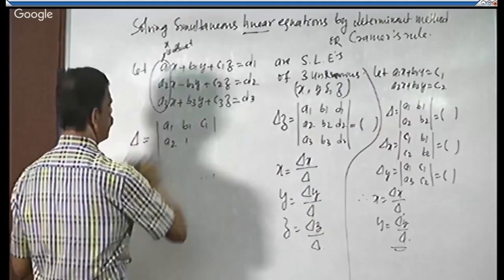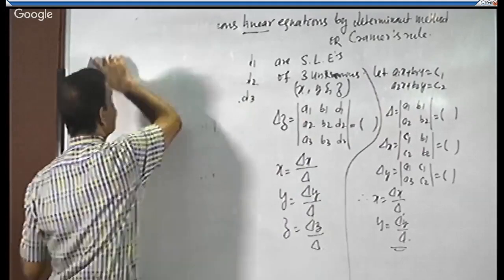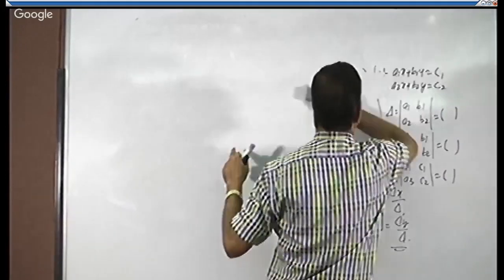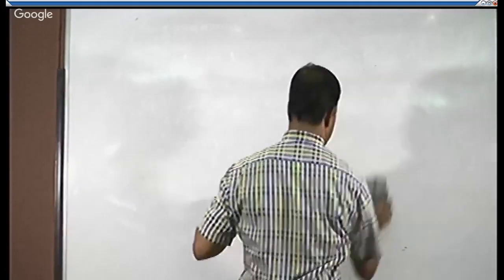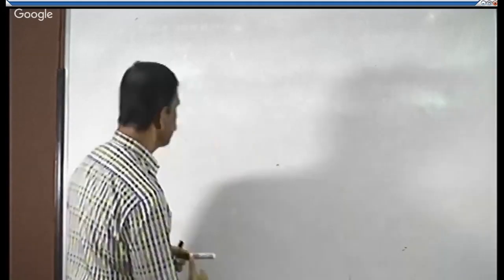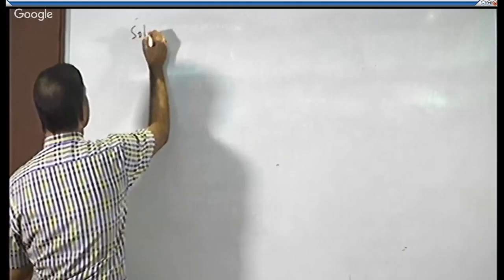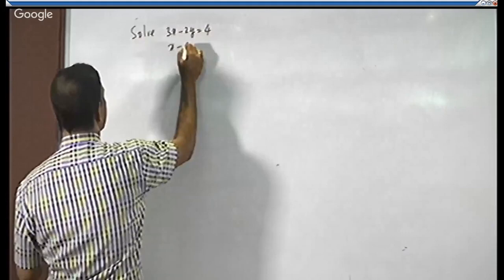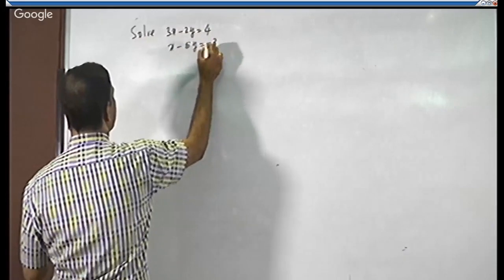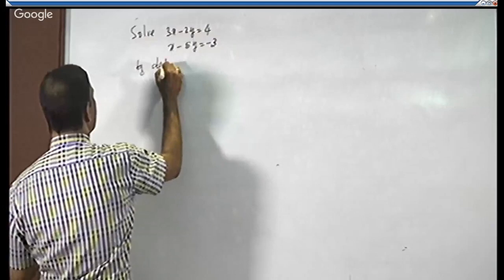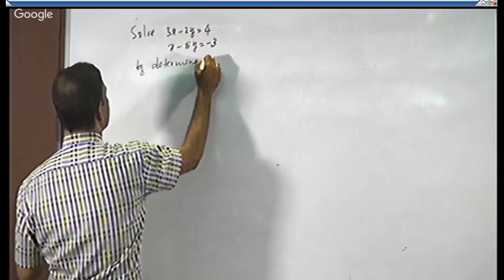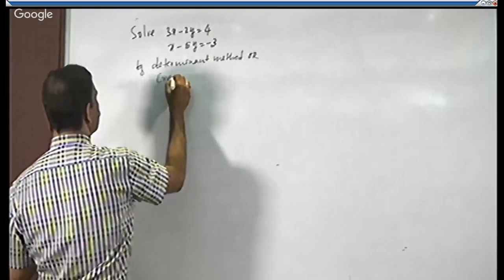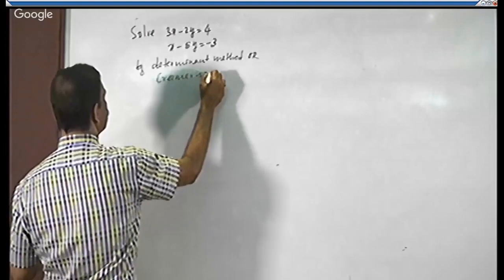Let us take examples. Solve 3x minus 2y is equal to 4, x minus 5y is equal to minus 3 by the determinant method, or they may ask you Cramer's rule.